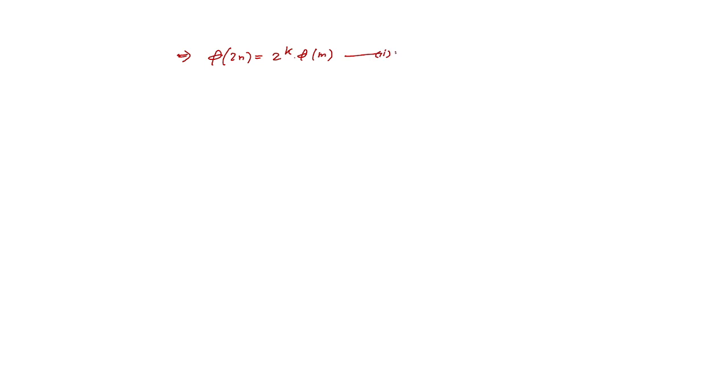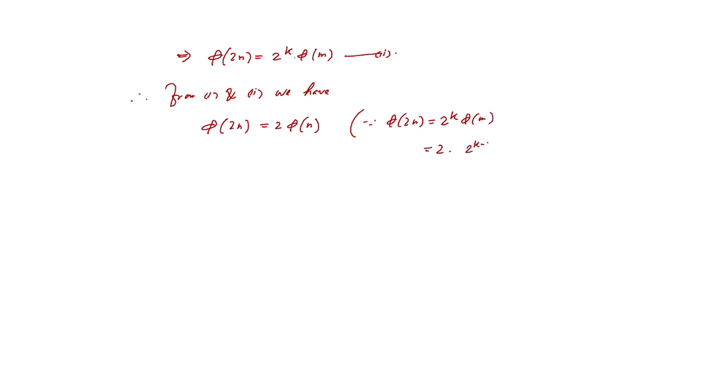So therefore from 1 and 2 we have phi of 2n equals 2 phi n. Why? Since phi of 2n equals 2 to the power k into phi m, we can write it as 2 into 2 to the power k minus 1 into phi m.